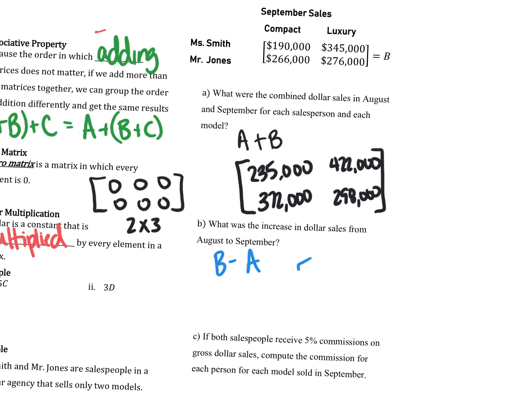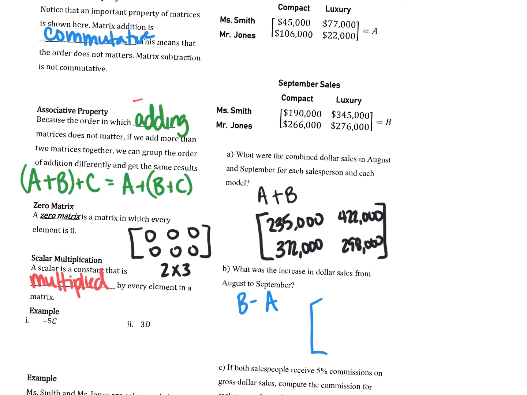I guess we can do it since I've already done it. So Mrs. Smith was 190 minus 45, so that is 145. So she had a 145,000 increase from August to September in terms of her compact sales.